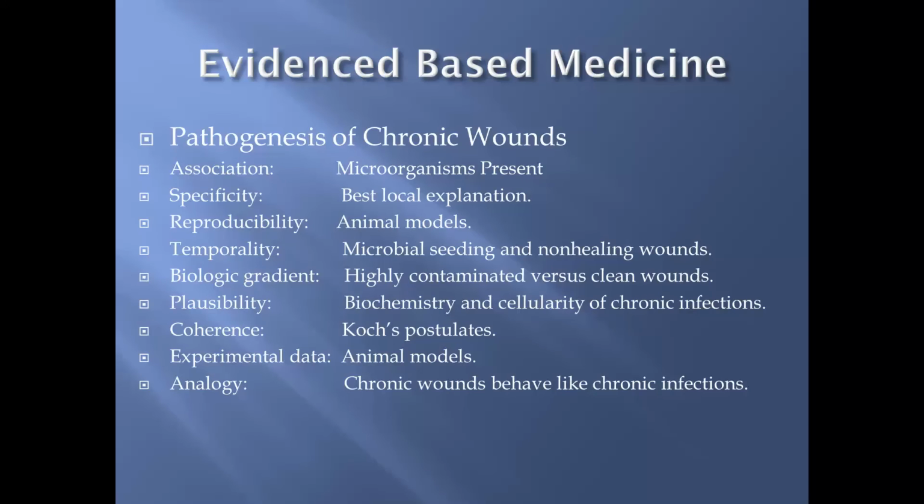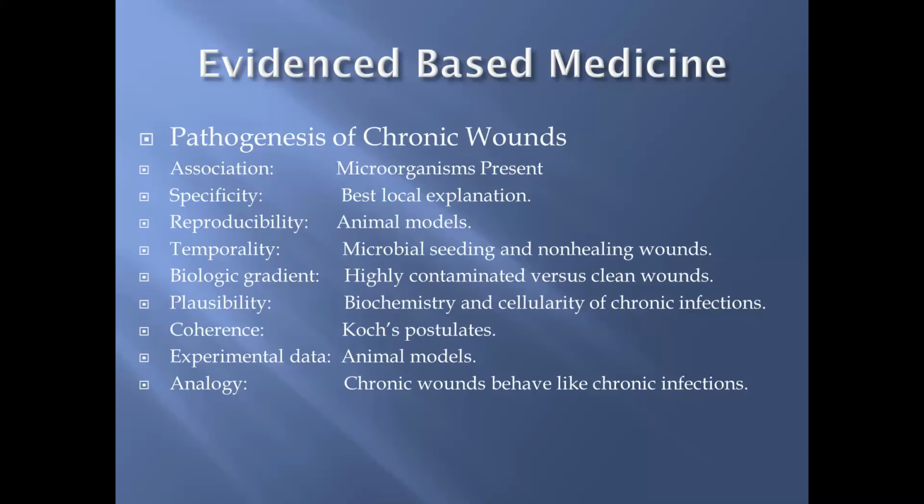Temporality just means that there has to be an association in time. So shortly after you do your microbial seeding, or you give it the microbial challenge, there has to be some changes that can be related back to the microorganisms. And in the seeding of our animal models, that is indeed the case.